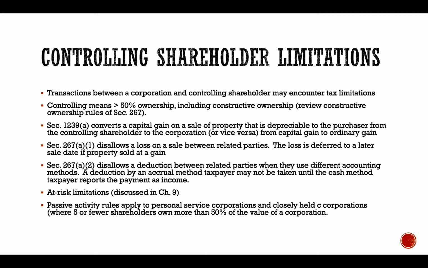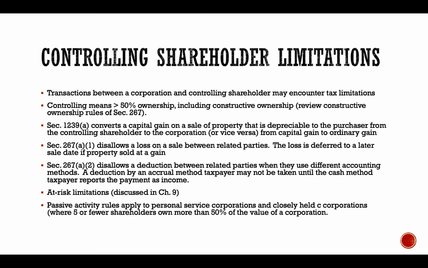It's going to convert a capital gain on a sale of property that's depreciable to the purchaser from the controlling shareholder to the corporation from capital gain to ordinary gain. So instead of getting that beneficial tax treatment, I'm going to have to pay the ordinary tax rates. Section 267(a)(1) is going to disallow a loss on a sale between related parties.